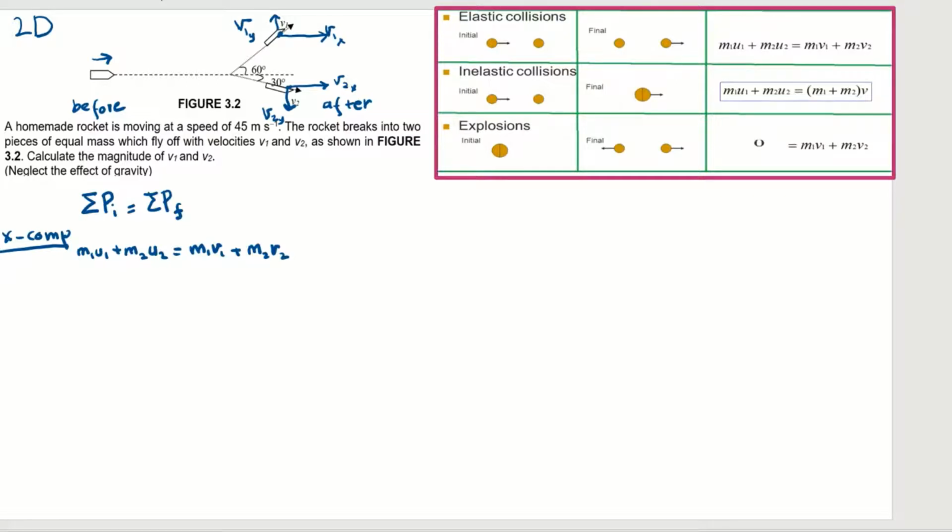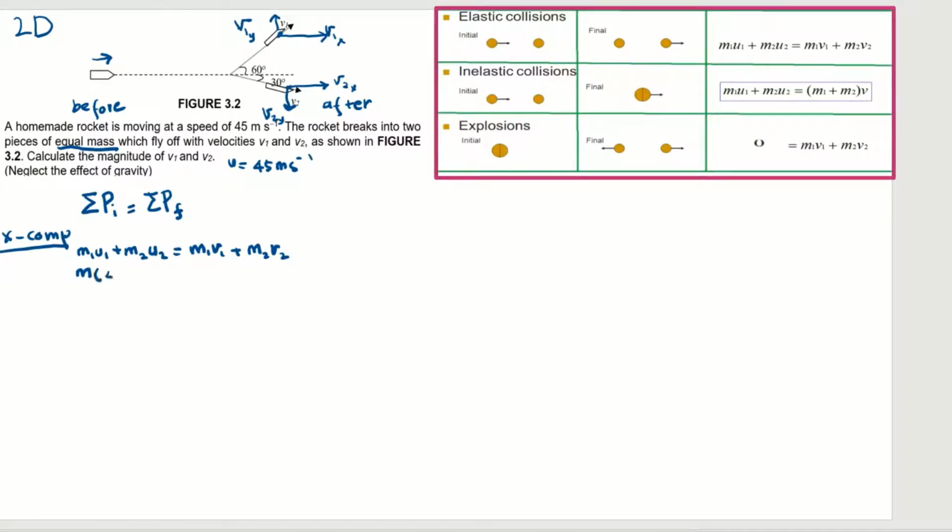Since the rocket breaks into two pieces of equal mass, the rocket has mass m initially, and u is actually 45 meters per second.